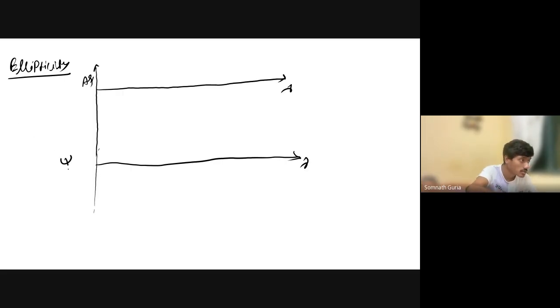Over here, this is psi. Molar ellipticity we are talking about, which is actually proportional to the absorbance of left minus right hand circularly polarized light. Okay, so now my absorbance is similar.